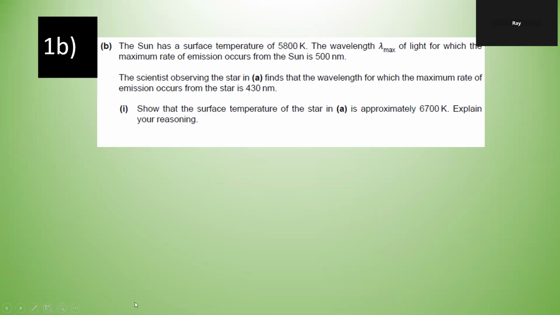Usually they try to cover the whole syllabus. That's why they are testing you on the second part of the syllabus, cosmology and astronomy. Show that the surface temperature of the star, you got 10 more minutes, is approximately 6,700 Kelvin. Explain your reasoning.